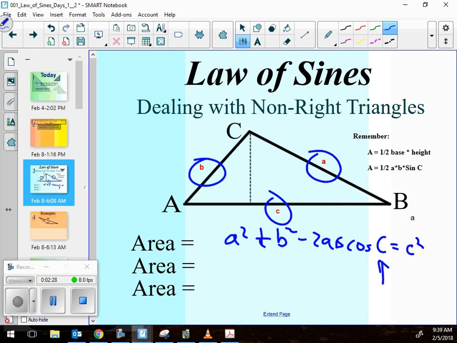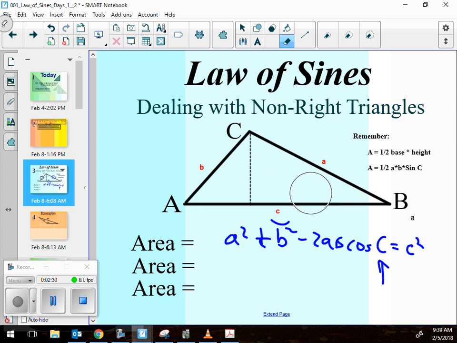There's another formula called the law of sines. Does anybody recall it? It's a bunch of fractions. All right, then here we go. Sine of big A over little a equals, does anybody remember doing this?